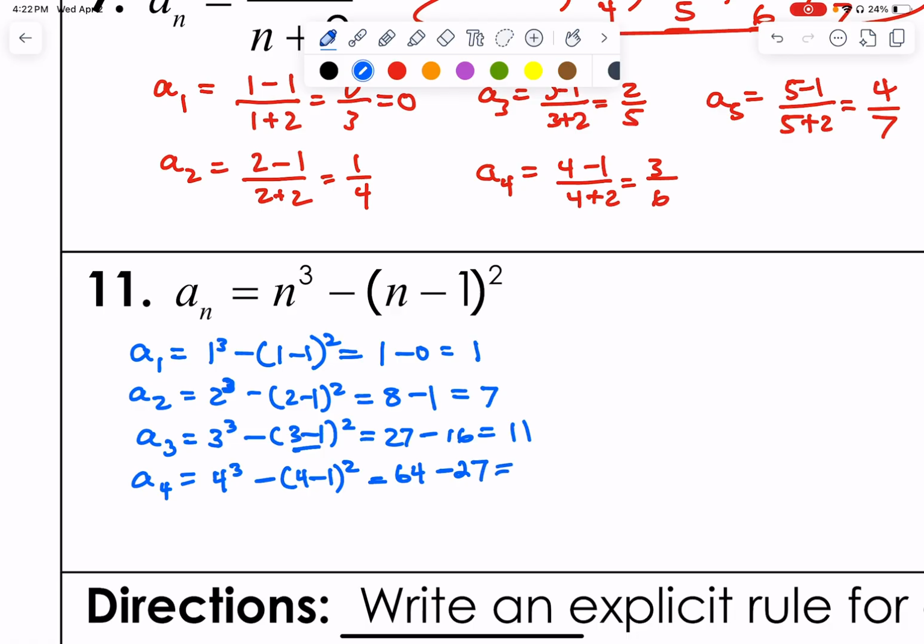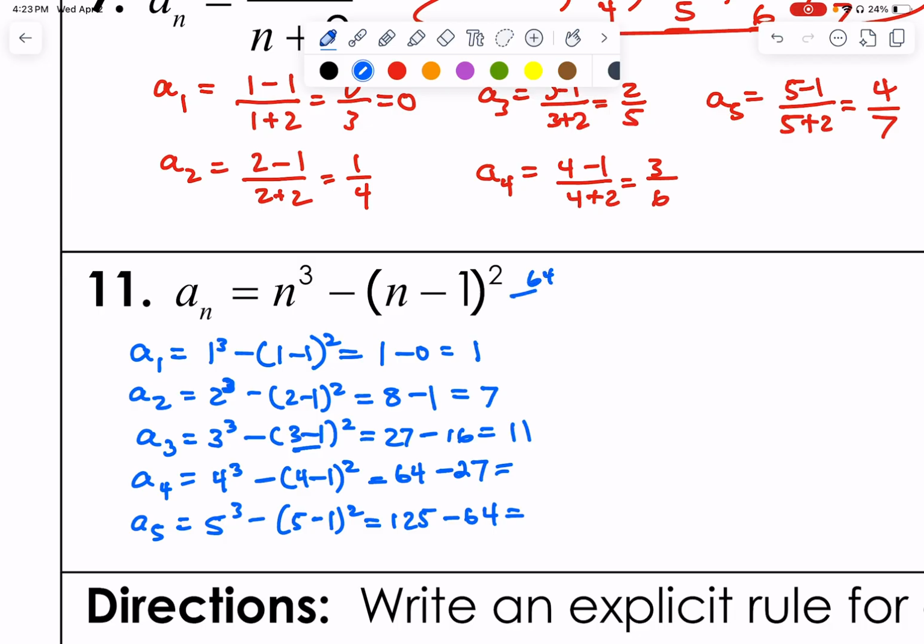What is 64 minus 27? Whatever that is. A sub 5 would be 5 to the third, and then you'll have 5 minus 1 squared, which will be 125 minus 64, whatever that is. Oh, I better figure out what those are.